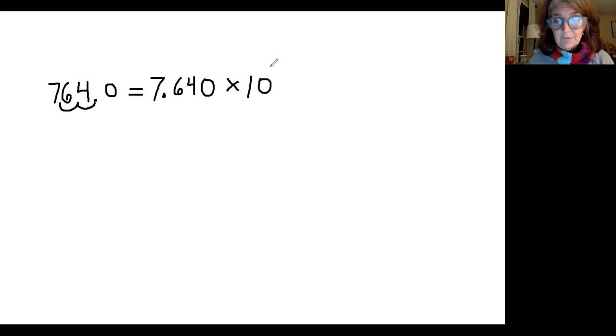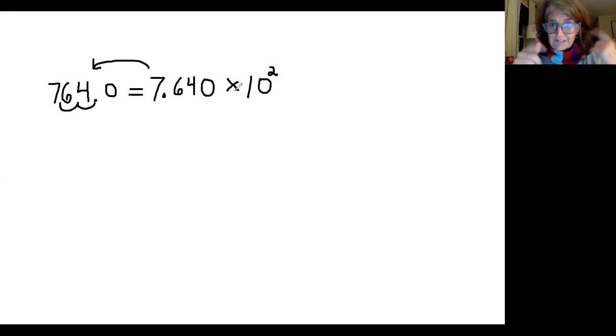And so I need to put this here. Now we moved it to the left. So in order to compensate for that, we need to use a positive number here, because we know when we move it 2 to the left, when we want people to convert it back, they're going to need to move it 2 to the right.